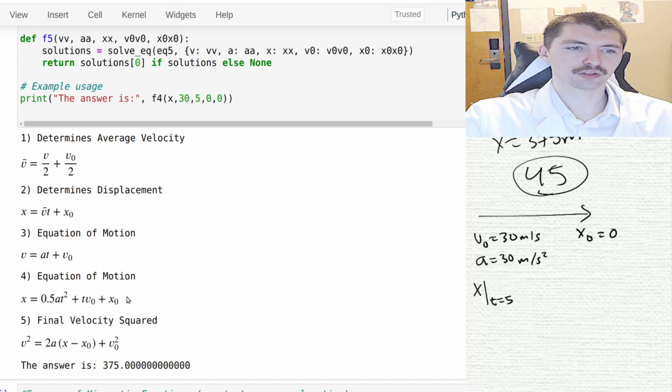Okay, so we want to find displacement. So these both determine displacement, don't they?